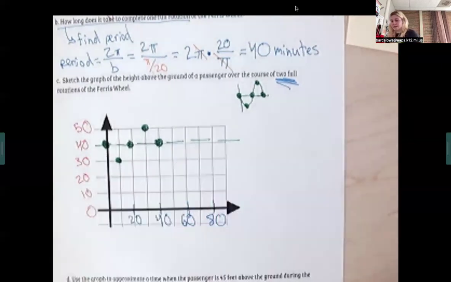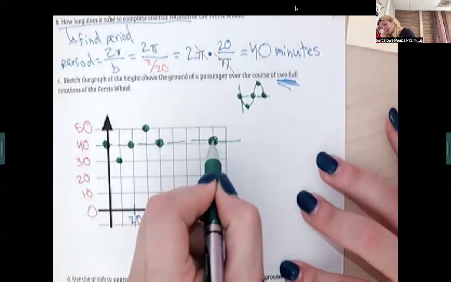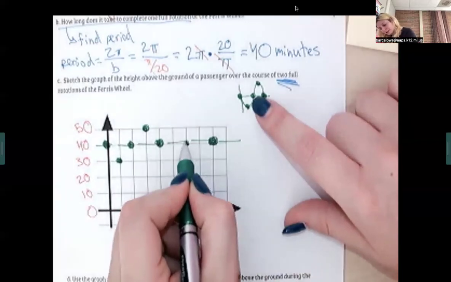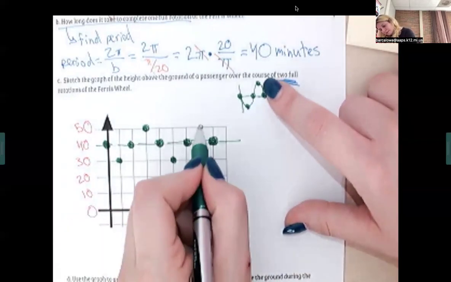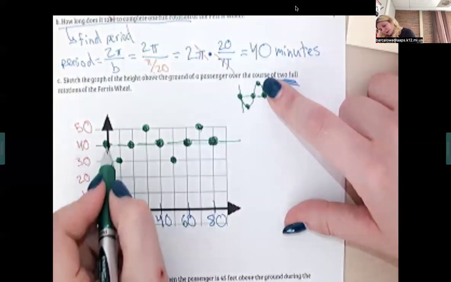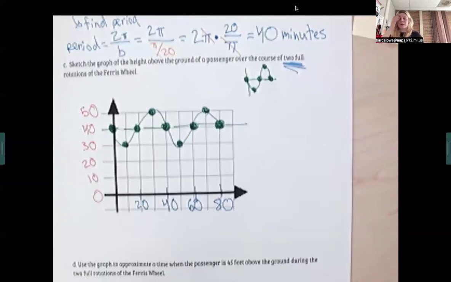Okay, copy, paste, do the same thing. Start and end on the midline. Halfway in between, I'm on the midline. Here I'm at a minimum. Here I'm at a maximum. Connect it all together. There you go, there's your picture. 2 full rotations.